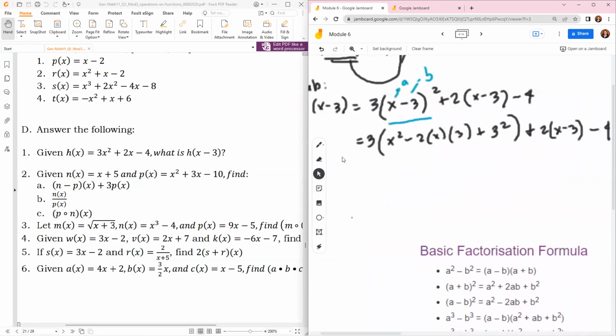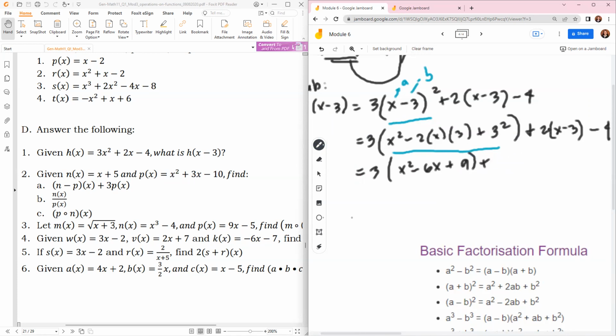So kani, ato na siya simplify further, okay? Let's start with sulod sa parenthesis. We will always start with the ones nga nasa sulod sa parenthesis, okay? So that would be 3 times x squared minus 2 times 3 which is 6x plus 9.